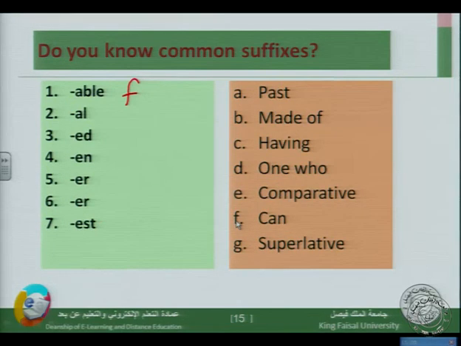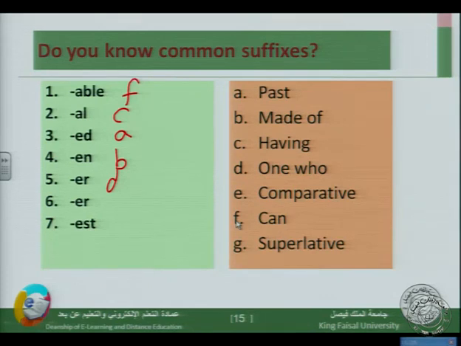Al means having or personal. Ed tells about the past. En means made of, like golden. Er, the one who, like football player, the person who plays football.